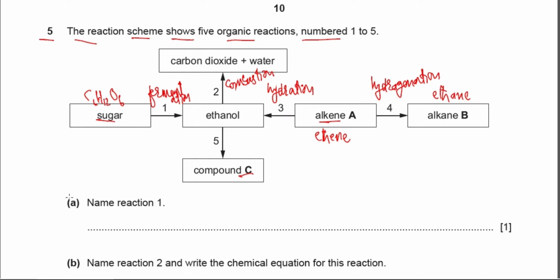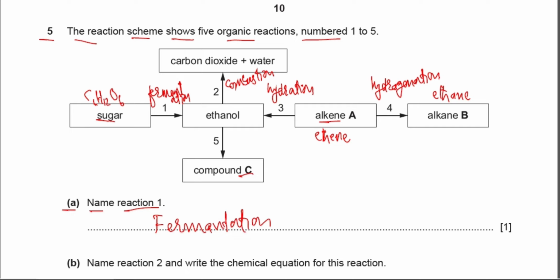Now we proceed towards the question and try to answer whatever is demanded by the examiner. In A, he says name reaction 1, and I explained that from sugar to get ethanol, this is fermentation.